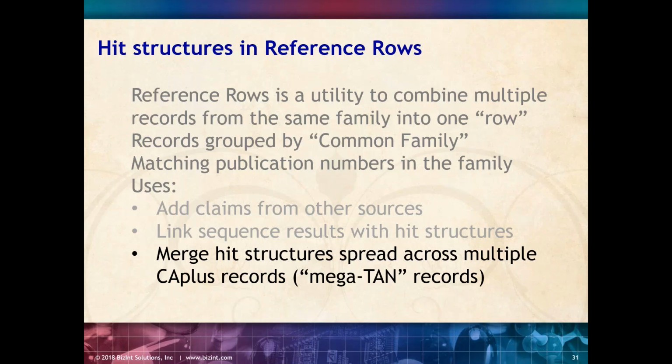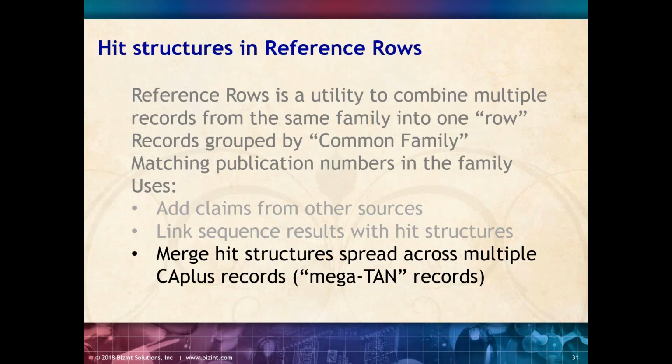Now, what happens when you do a structure search in one of these cases is that you may find that you pick up one or two hits in one record and a hit in another record and a hit in another record. There can be 20 or more of these equivalent CA Plus records. When you have all of these different records together, you need some way of associating them back together.